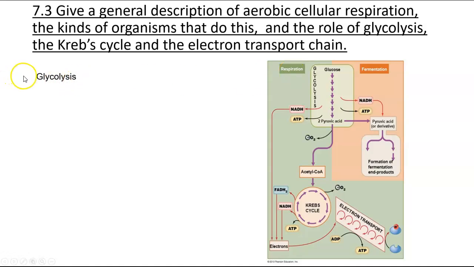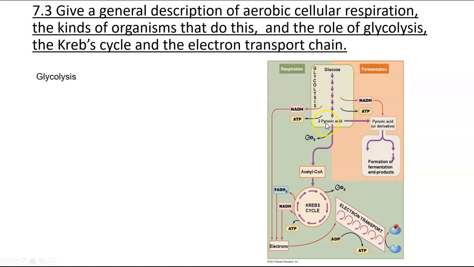Glycolysis is a metabolic pathway, and this little part right here is glycolysis. It takes glucose, takes food in a bacterial cell or a human cell, and it's processed through a lot of enzymes, and we end up with 2 molecules of pyruvic acid.